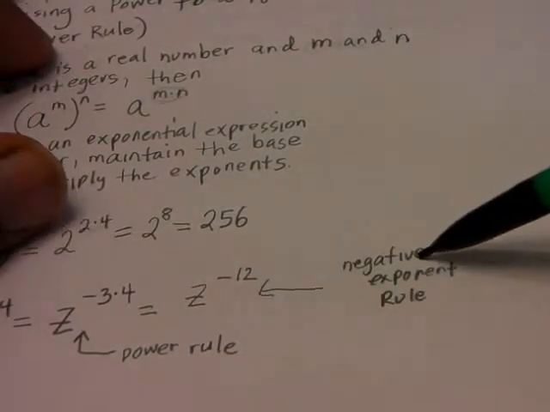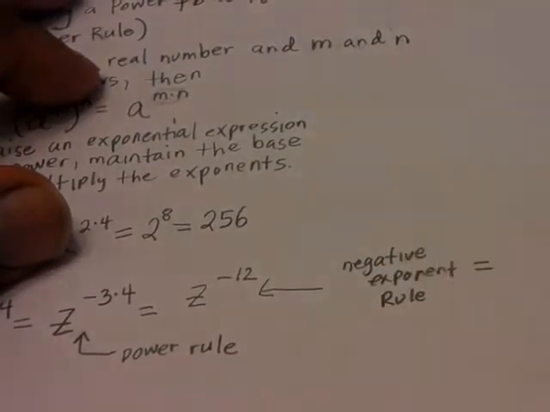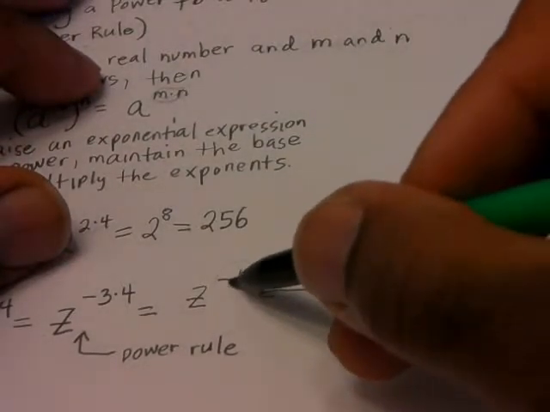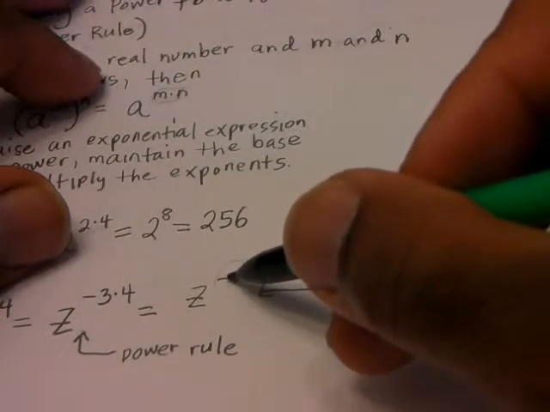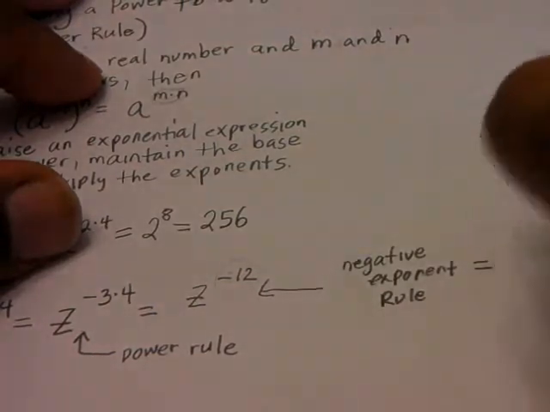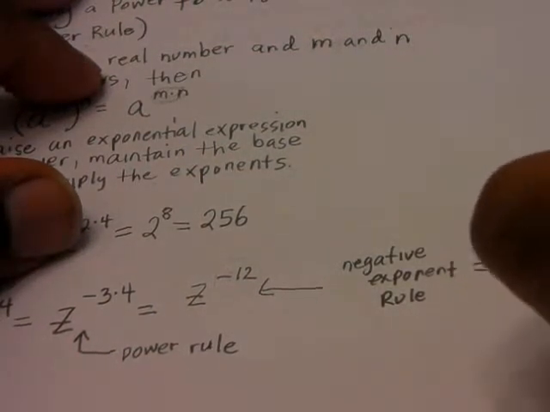Now let's apply the negative rule, and you all remember that when you have a negative exponent, the base is in a way inverted. So the formula is 1 over z raised to the power of 12.